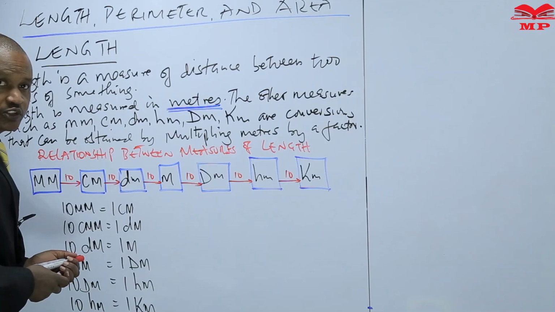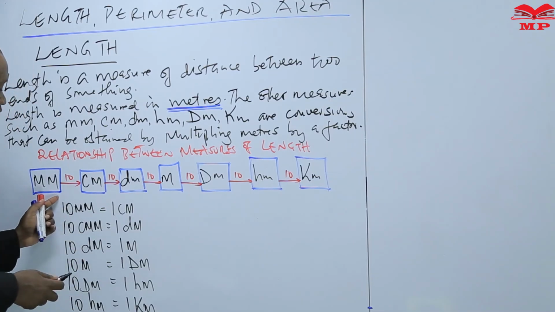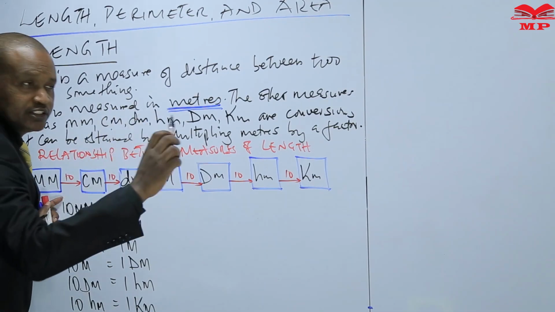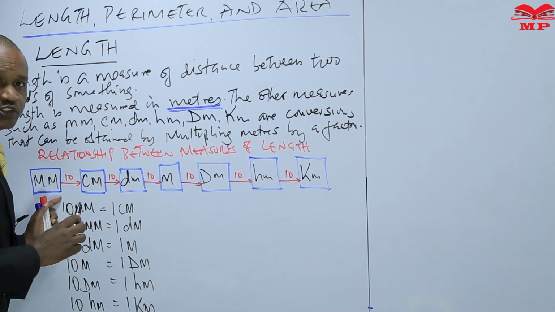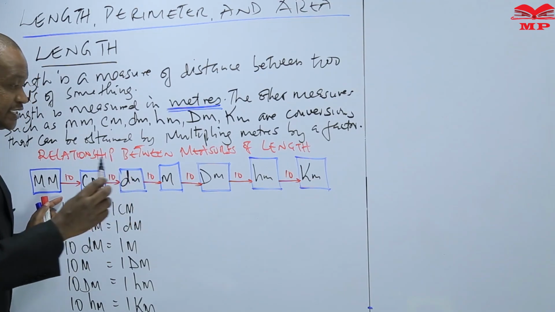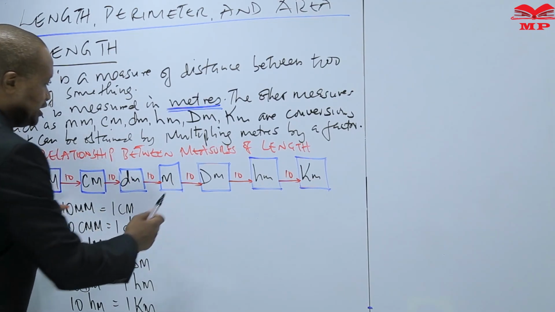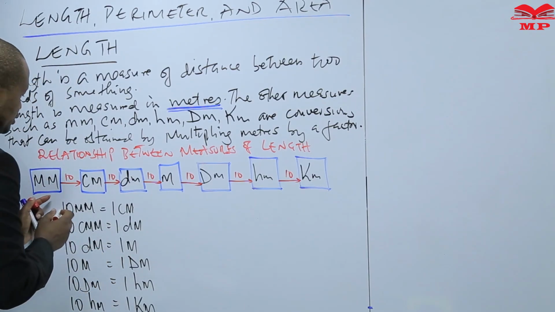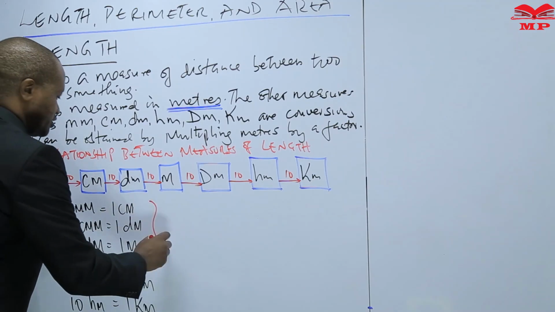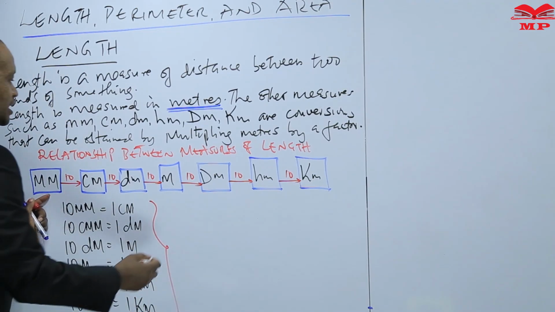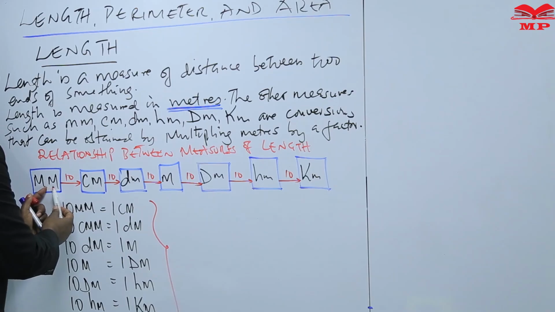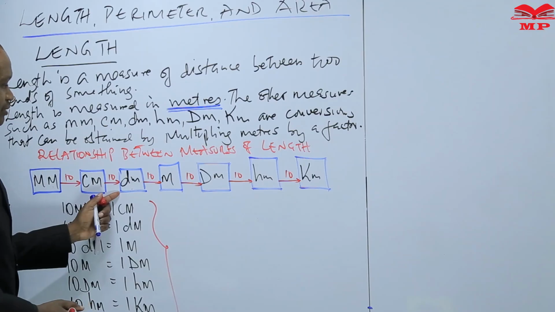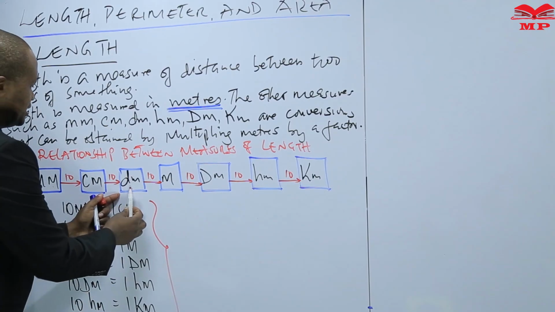So learners, if you want to find out how many smaller units make a bigger unit, the only thing you need to do is to get the product of the tens between the units. For example, how many millimeters make 1 decimeter?